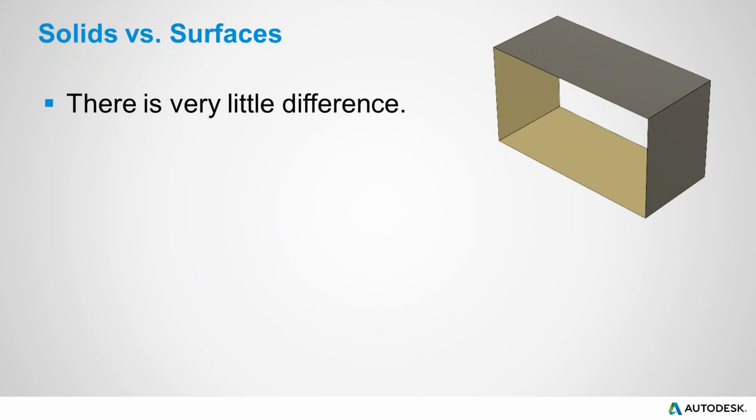All right, so solids versus surfaces. If I draw a rectangle and extrude it, using the solid extrude, then I have 6 faces, and the resulting volume is entirely enclosed. But if I do that same extrusion in the patch environment, then I end up with that picture we see there.